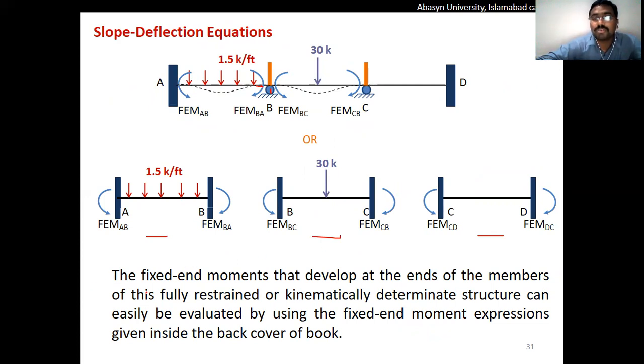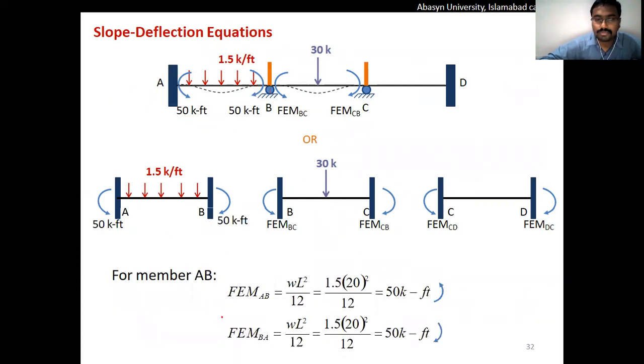Fixed end moments basically restrain the members, or they prevent the deformation of the member both laterally and vertically. You can find the value of these fixed end moments by using the tables derived after very careful calculations by the pioneers, summarized in the form of a table called the fixed end moment table.